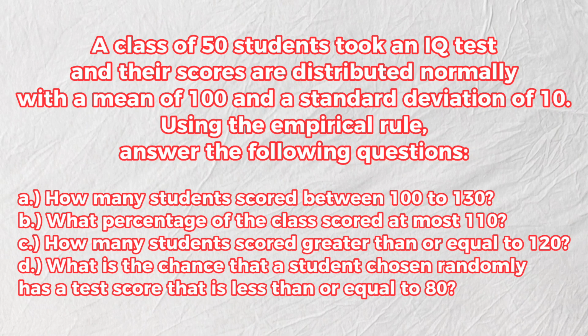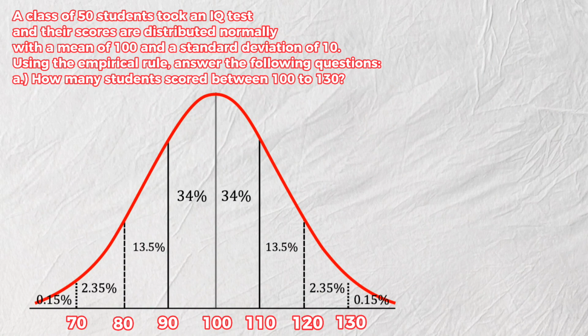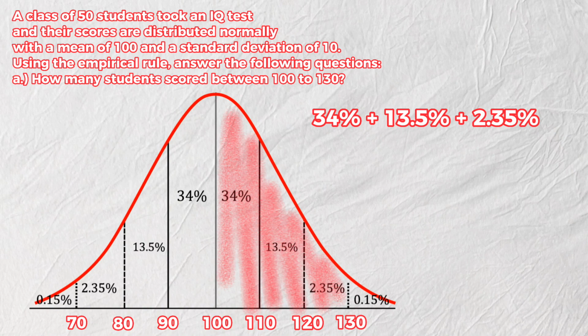Let us now answer the first question. How many students scored between 100 to 130? To solve this, let us first get the percentage of each interval from 100 to 130. We will take 34%, 13.5%, and 2.35% to get the sum. The answer is 49.85%.